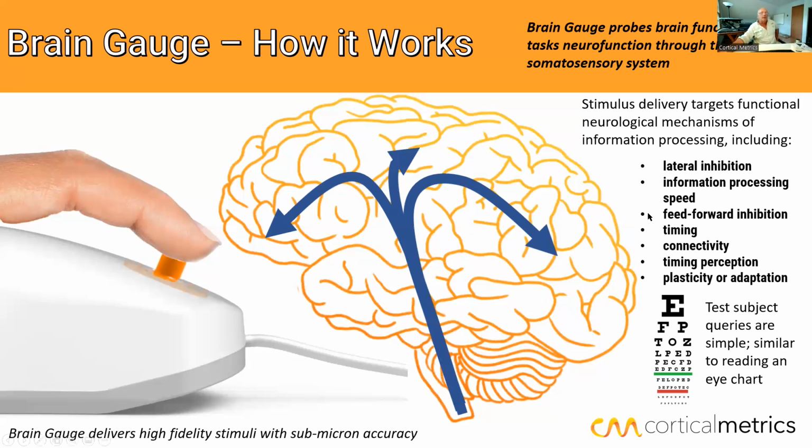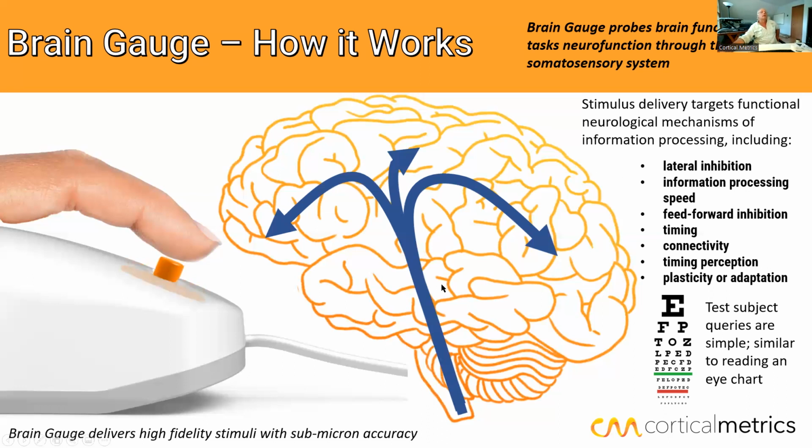These questions are targeting fundamental building blocks of information processing. For example, you may have taken a test for, say, memory. Well, lateral inhibition and plasticity are building blocks of memory. So that's what we're looking at, the fundamental building blocks.